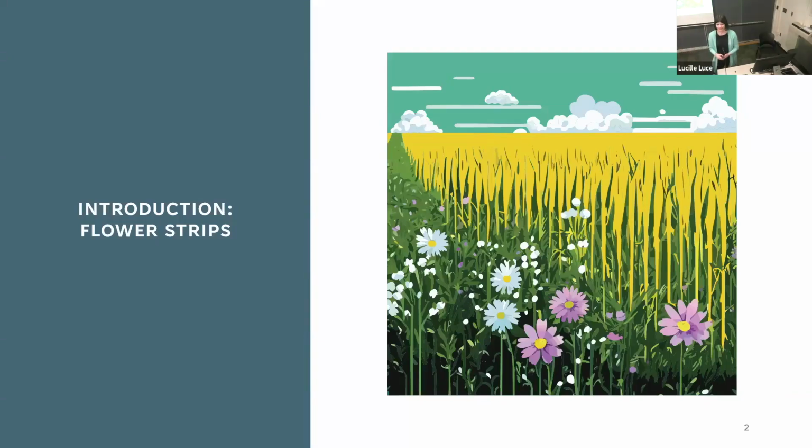To get started, just a couple of definitions here. For the sake of this talk, a flower strip is basically synonymous with a wildflower planting or a pollinator planting. Folks use lots of different terms to describe this practice.